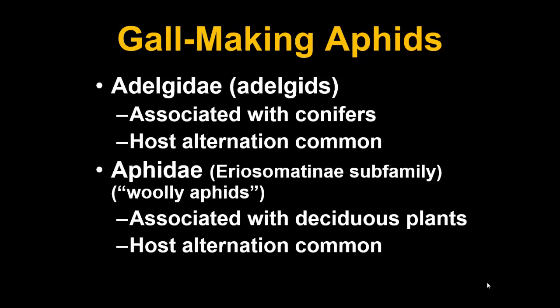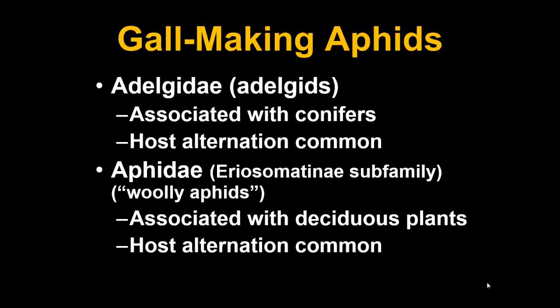Some of these are insects that feed by sucking on fluids, aphids, mites in particular, and we'll start with the gall-making aphids. If we want to get technical, there are actually two families of aphids that are involved in production of galls. There are the adelgids, which are aphids that are solely associated with conifers and usually have two different hosts.